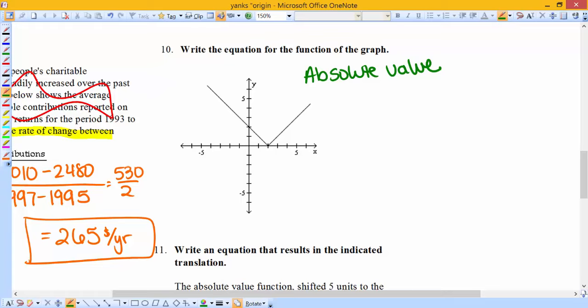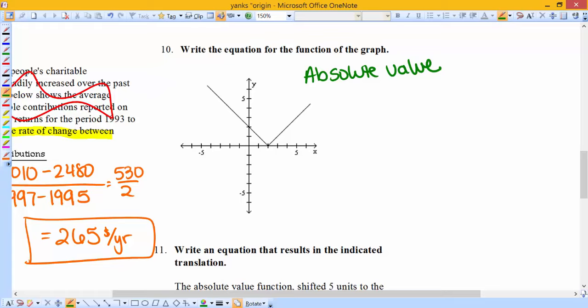We could put this together as a piecewise graph if we really, really wanted to, but I'm not going to bother with that because we don't exactly know if this is ending or not, because there would have been points on there. So I'm just going to grade this as absolute value.